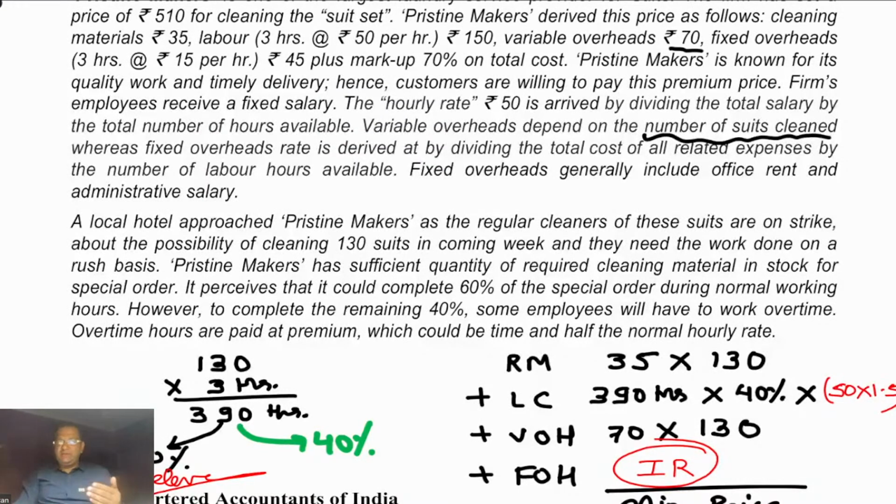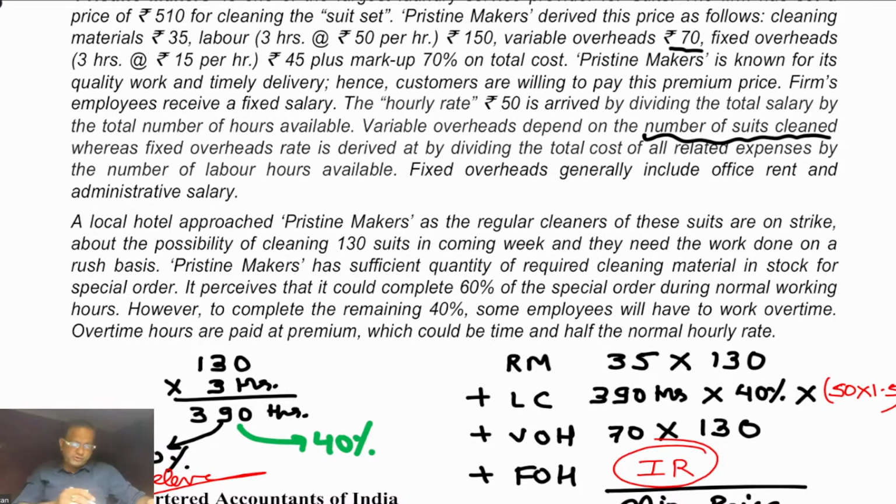So you have to analyze whether worker can work overtime without affecting the quality of the work. Because if quality of the work will be affected, although in the short run you might earn some extra profit, definitely that will create negative impact on your goodwill if you are not able to provide the quality work.